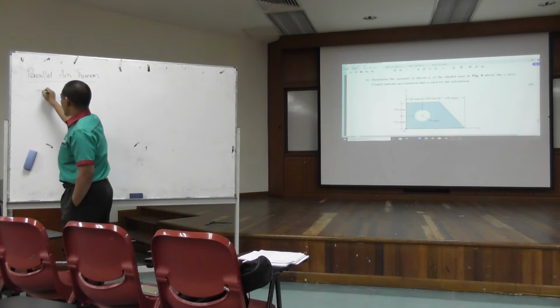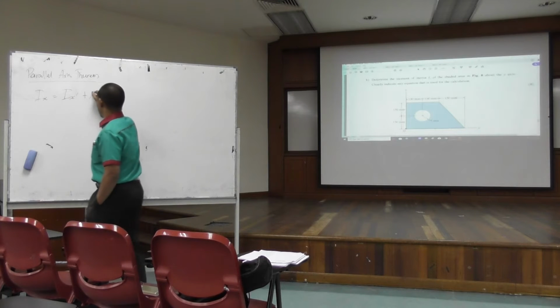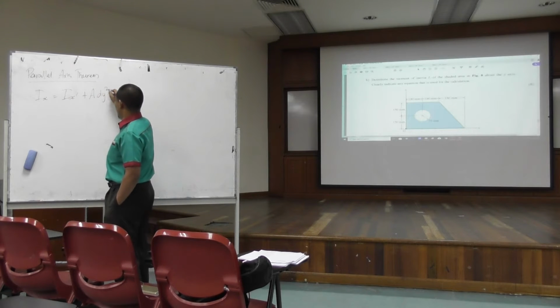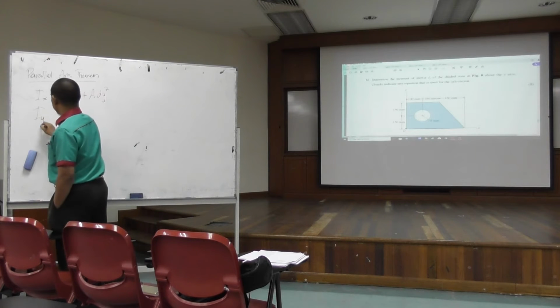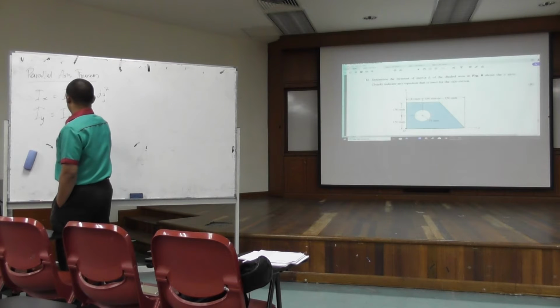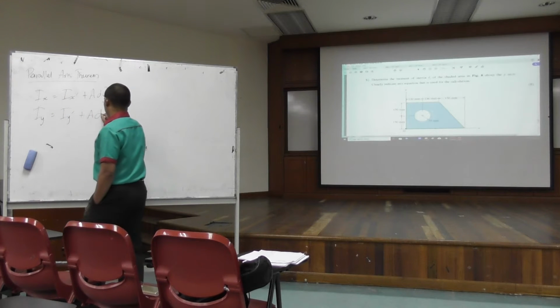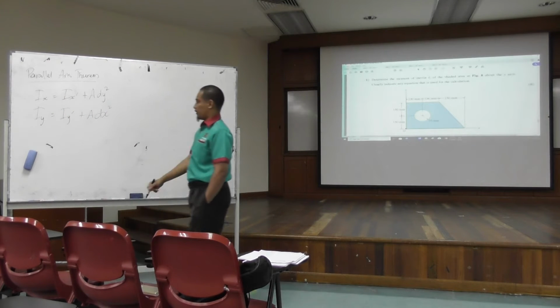So basically we'll have Ix equal to I x prime plus A dy squared and Iy equal to I y prime plus A dx squared, right?